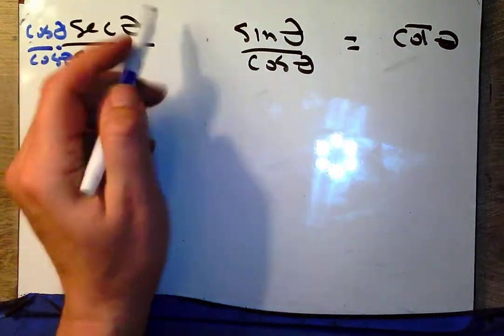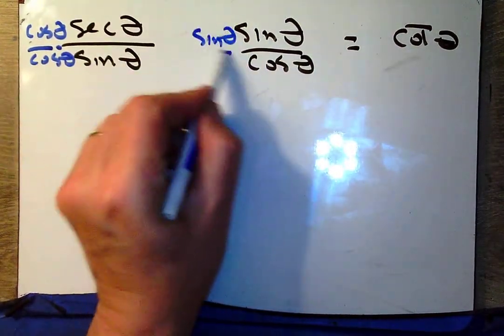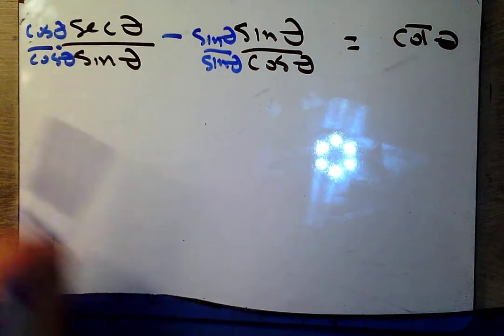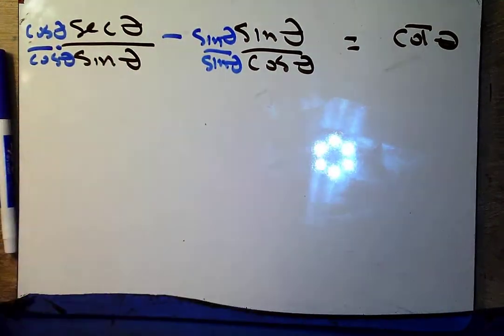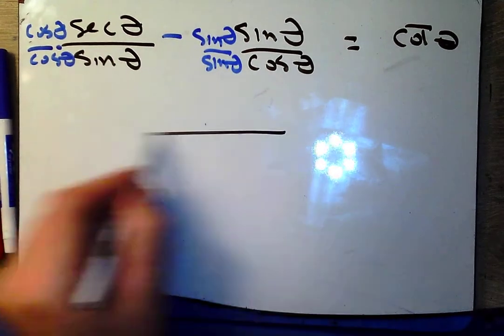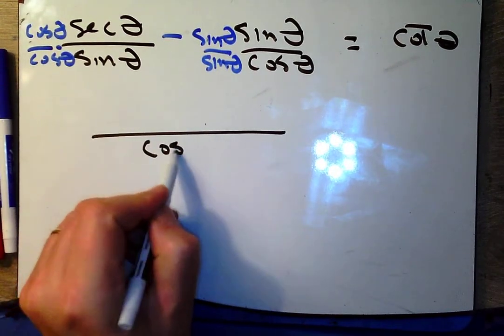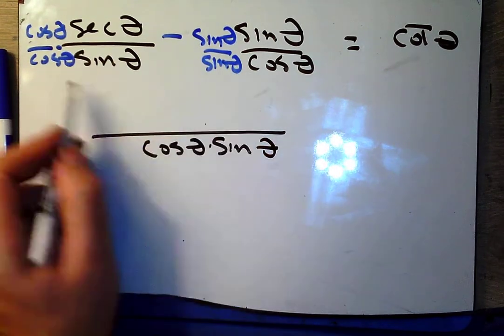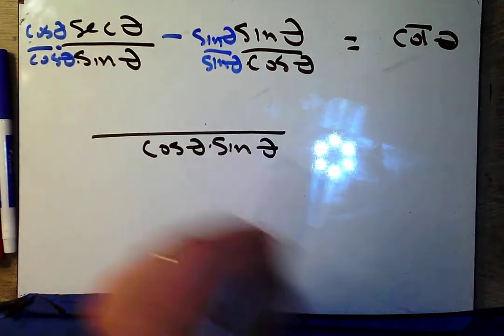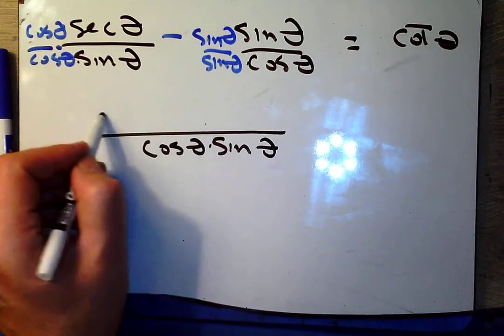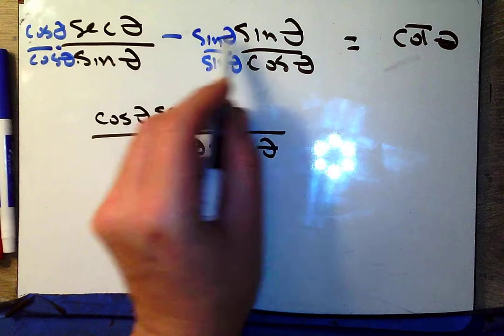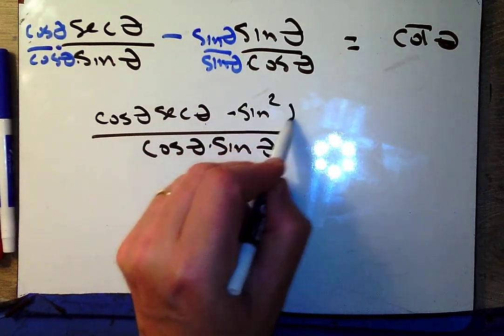And here we need sine over sine. And this was a minus. Okay, so now I have this common denominator. We can write this as 1 fraction, cosine theta sine theta, right? These are being multiplied here and here. And on top, I've got cosine theta secant theta minus sine times sine squared theta.